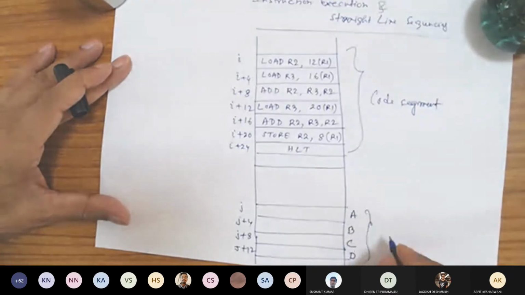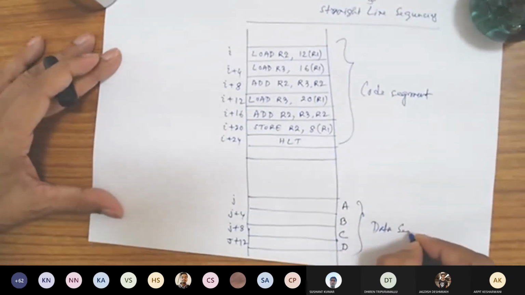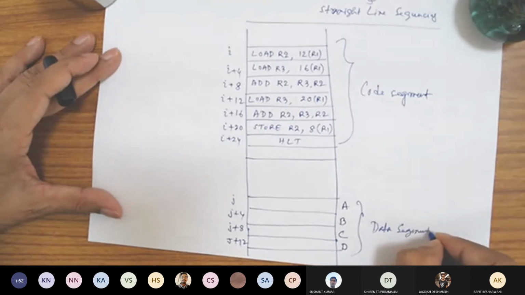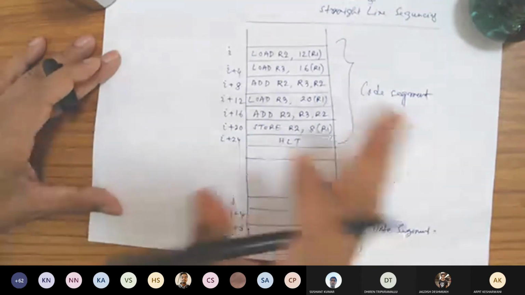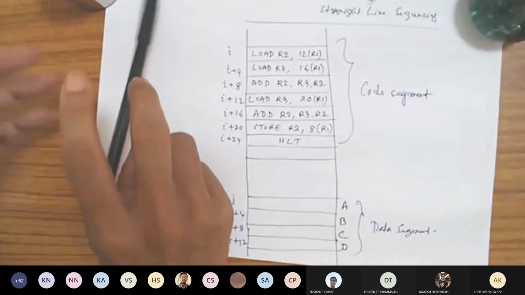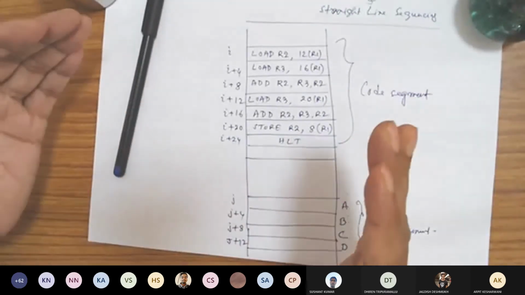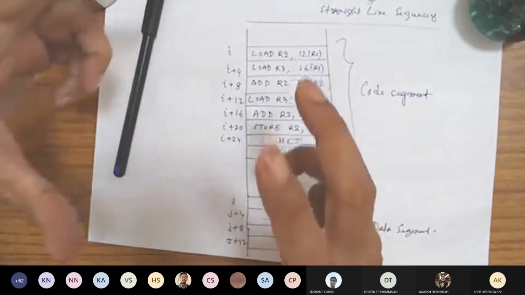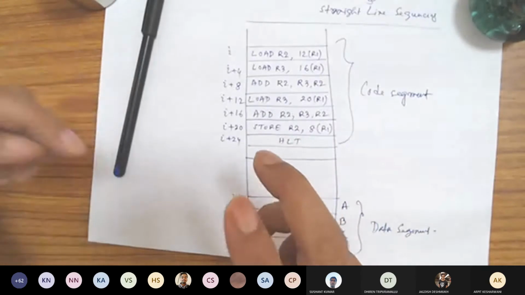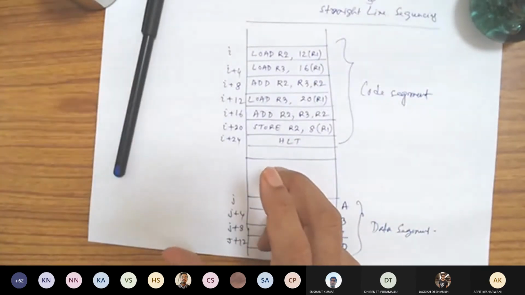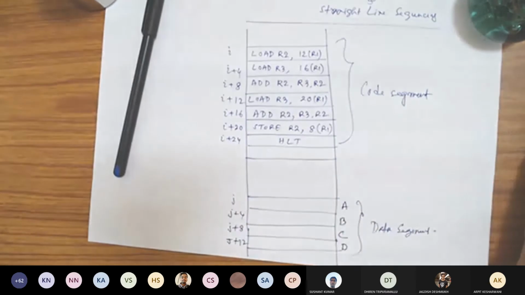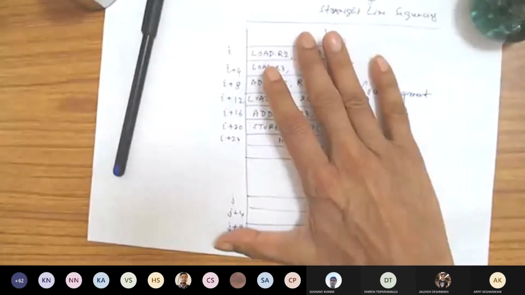This becomes your data segment, part of the data segment. So if you try to recollect, when I was talking about every process gets a memory location allocated by the processor. So it is basically this allocation.